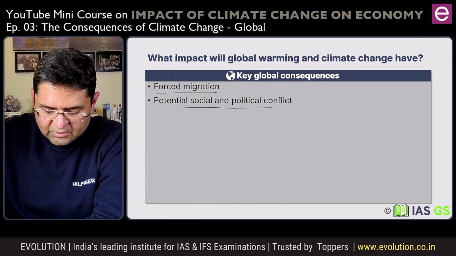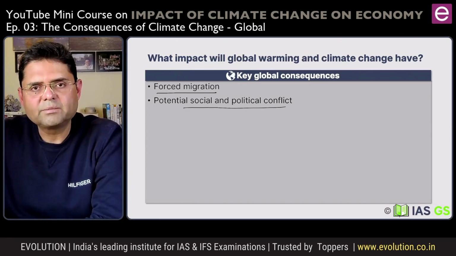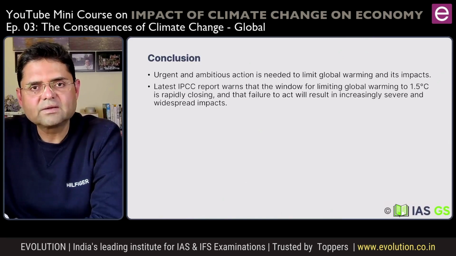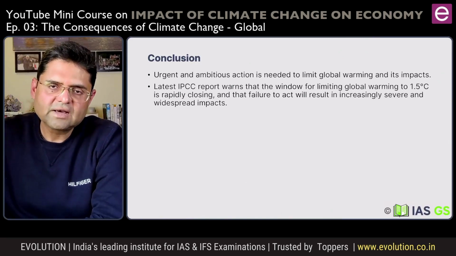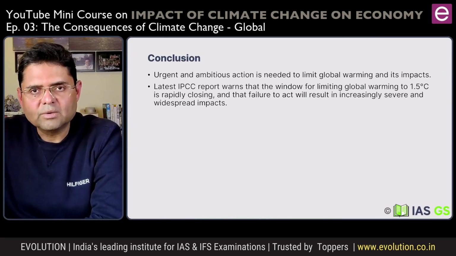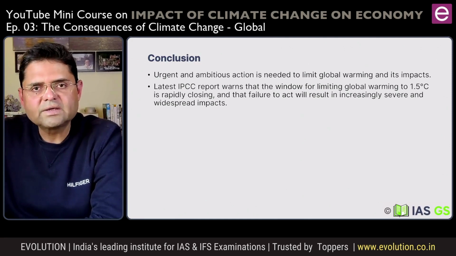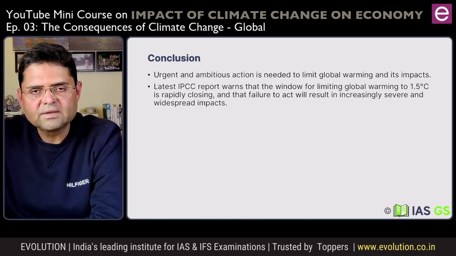Because of that, there is always a likelihood of social and political conflicts. These are some of the major impacts that we are looking at because of climate change on a global scale. In the next video, we are going to take a look at the impact on our country, how our country in general is going to be impacted.